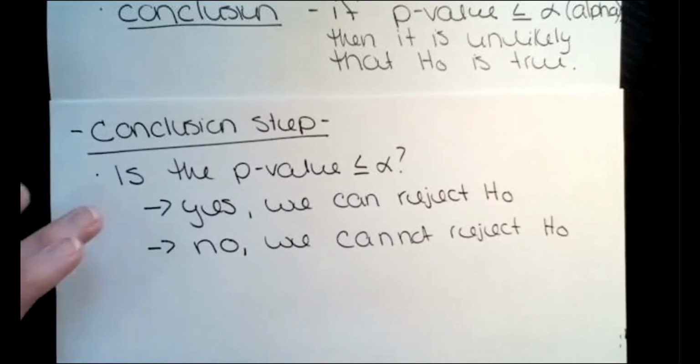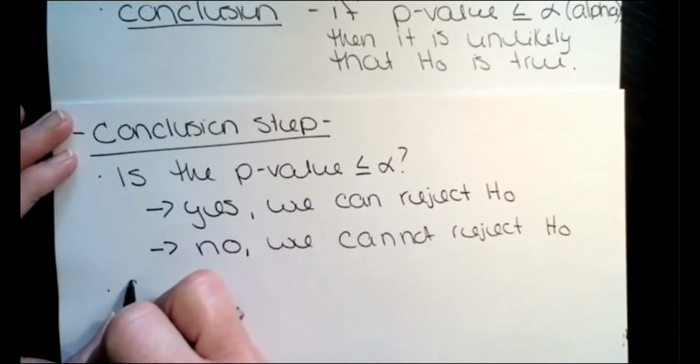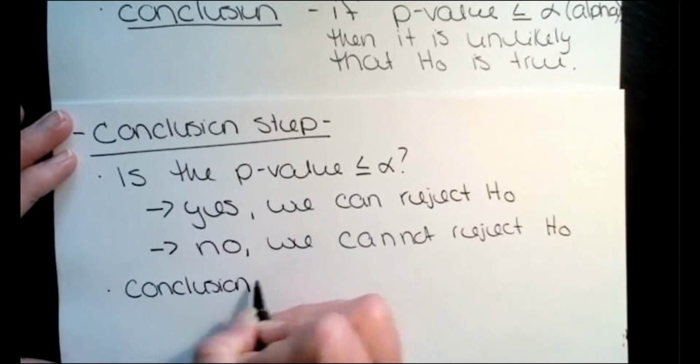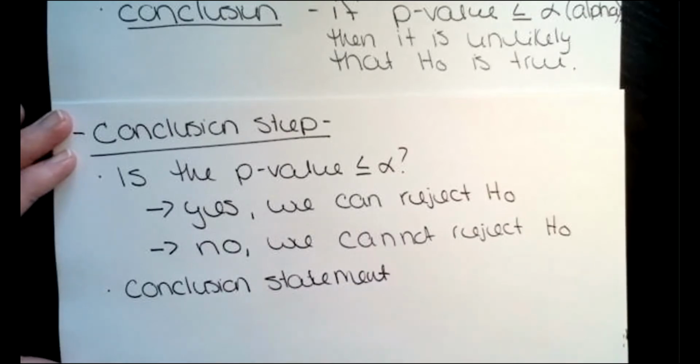I want to give you a visual in just a minute. I want to finish with the steps so you know the write-up, but I want to give you a visual to go along with all of this. And then you're going to make your conclusion statement. I will give you a statement you may use, but I will highlight and tell you the pieces that I will look for.